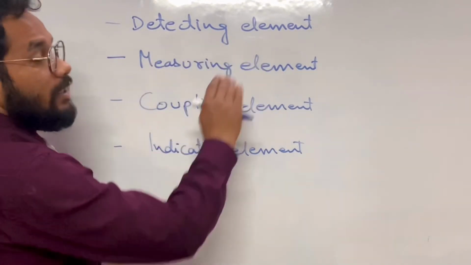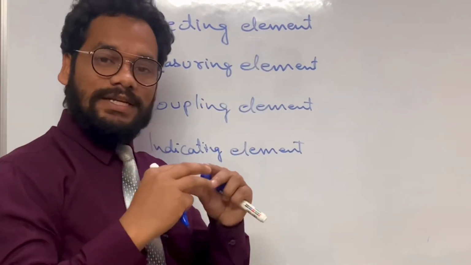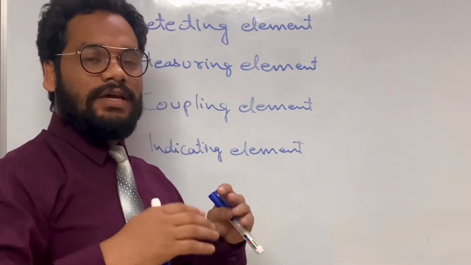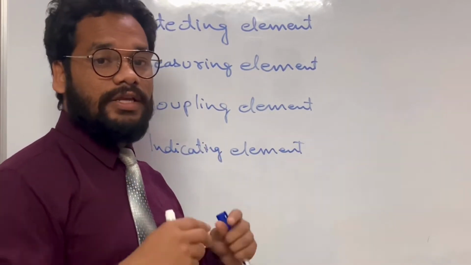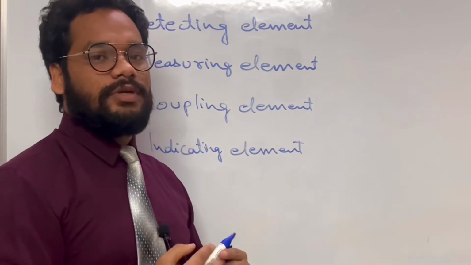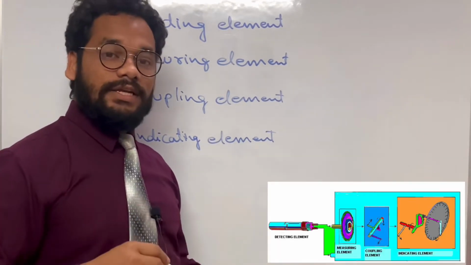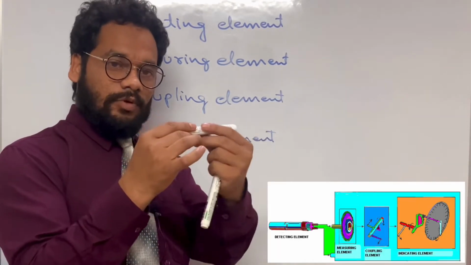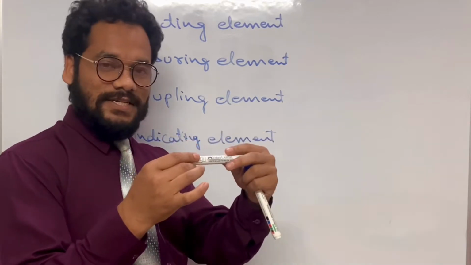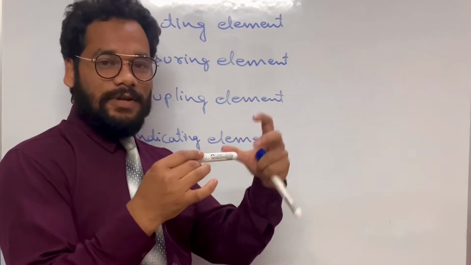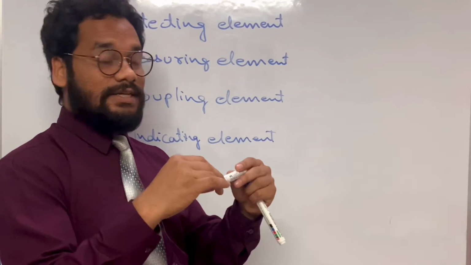The detecting element is basically a sensor. It is used to detect any physical quantity or any condition presented to it. For example, for detecting pressure, this is a probe or a sensor. It can sense the pressure, hence it is called a detecting element.